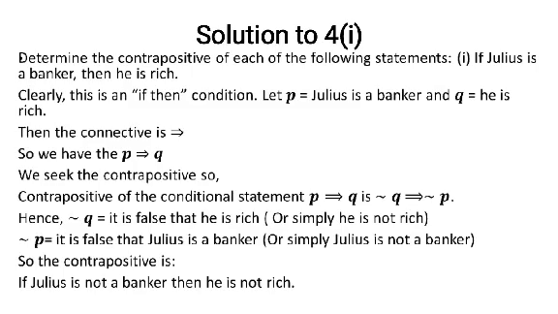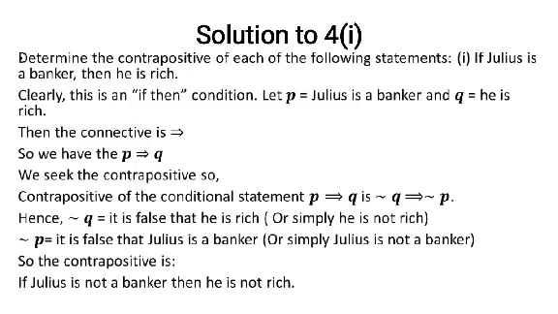So you can check the previous video. You can rewind and go back to where I had explained the different grammatical ways of saying P implies Q. Okay, so we seek the contrapositive. Contrapositive means if you have P implies Q, we're looking for negation Q implies negation P. Okay, so we have said that P is Julius is a banker.